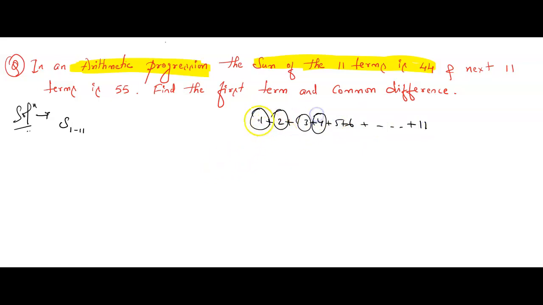First term can be anything, second term can be anything, third term can be anything. But here he is telling that if you add the numbers from the first term to the 11th term, the answer is 44.